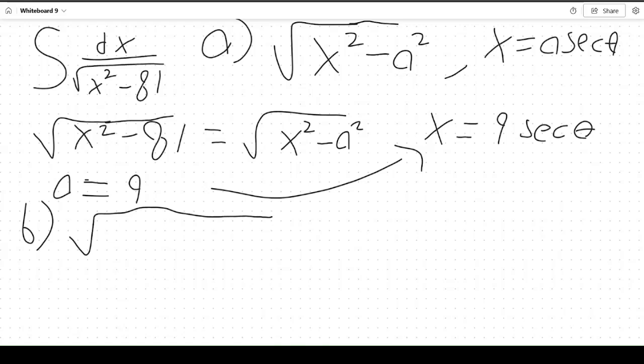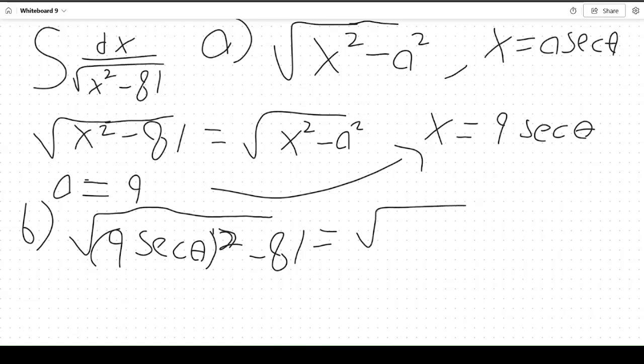So now we can plug this in for the problem. So x squared would be 9 secant theta squared, which is 81 secant squared theta minus 81.